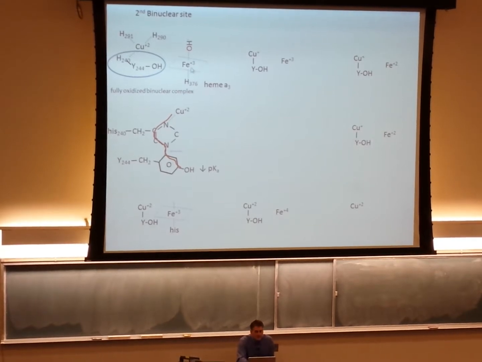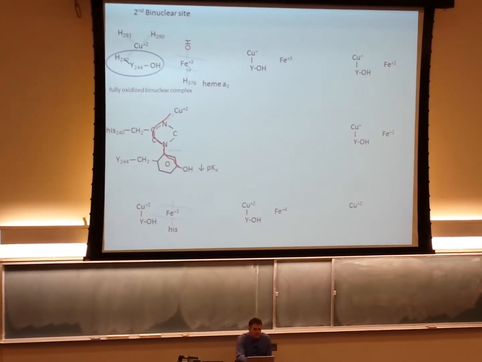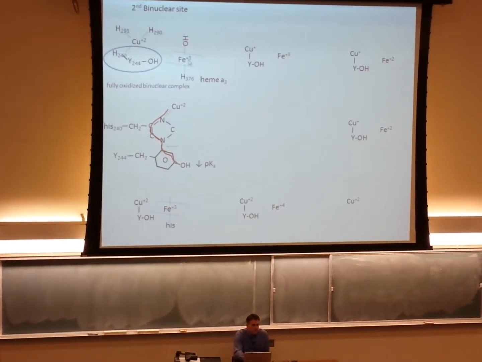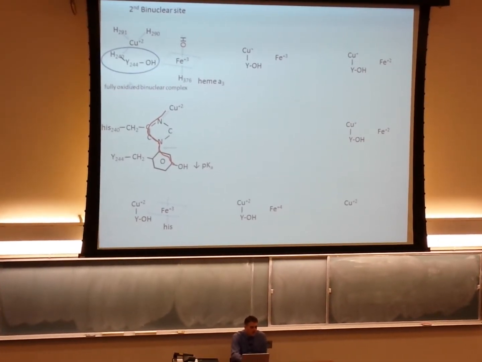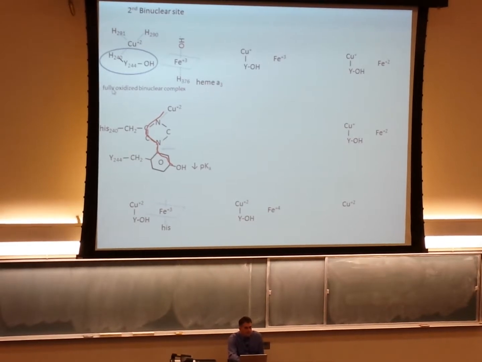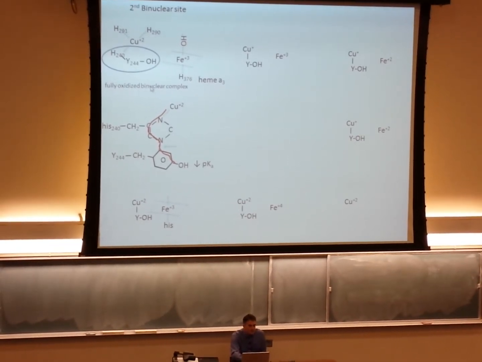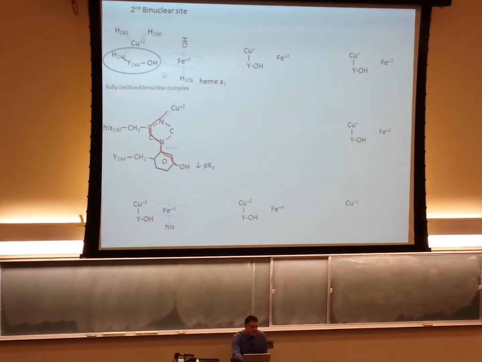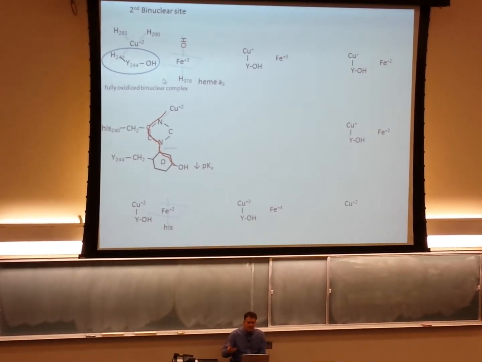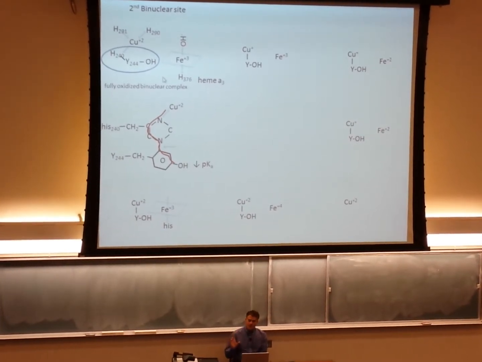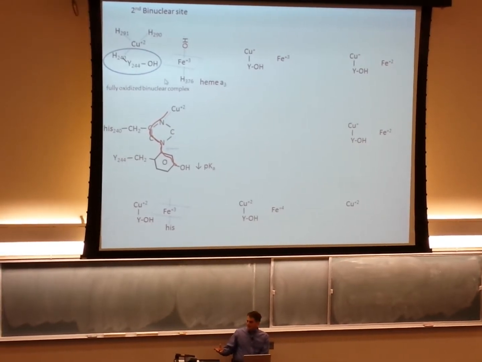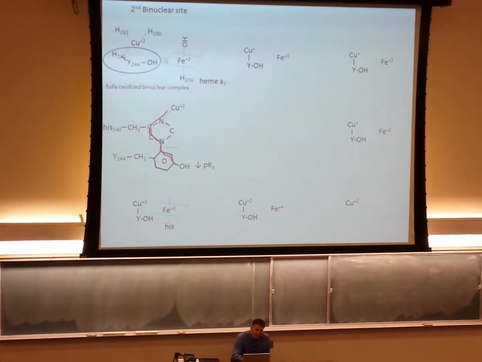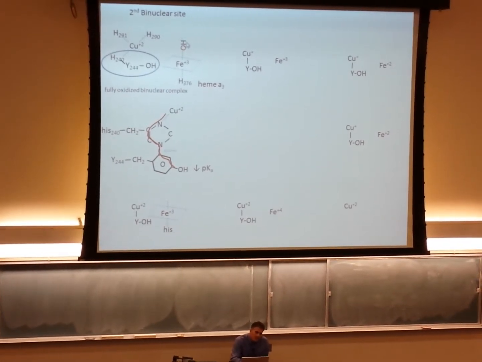Here is the heme with the iron. The iron starts off in the +3 form, just as the copper is in the +2 form. And so that's why I've written this as the fully oxidized binuclear complex. Both metals are in the highest state to begin with that they can be without something weird happening. And then it turns out that there is a hydroxyl group, an OH minus.